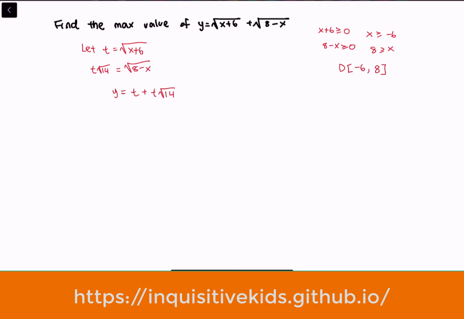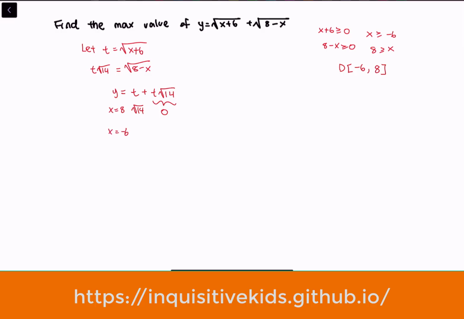Well, if we directly take x's largest value, x equals 8, t would be equal to square root of 14. But then this whole part, t times square root of 14, would just be equal to 0. So it's kind of wasted. Now, on the other hand, what if we had the least value of x?